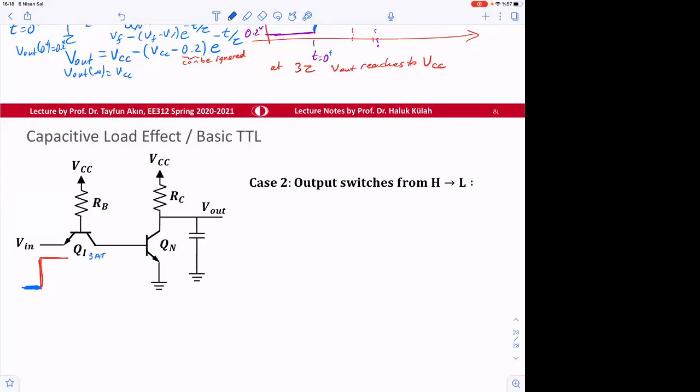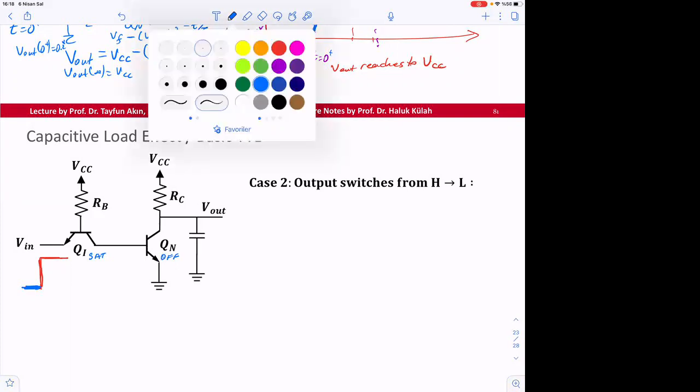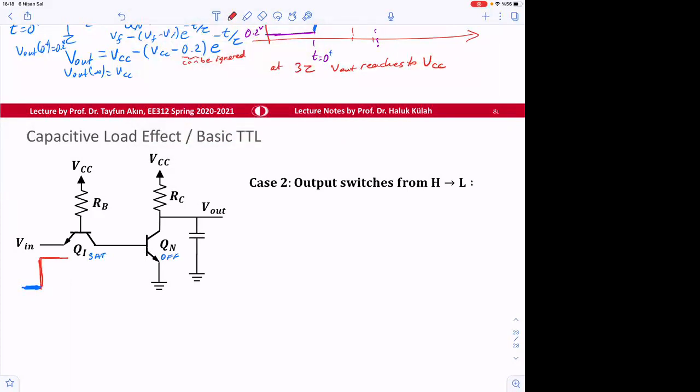This was sat, right? So this was off. So for the red case, when this is 3.6, or let's just say 5 volt for simplicity. What is QI? This junction. Reverse active. Yeah, this junction is off, this junction is on. So it is reverse active.